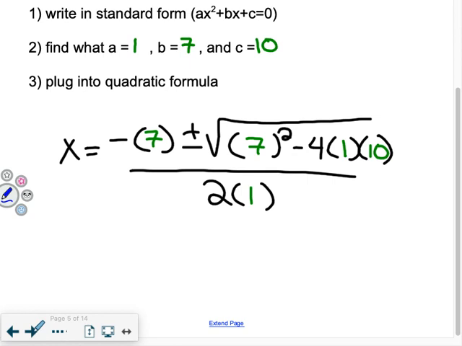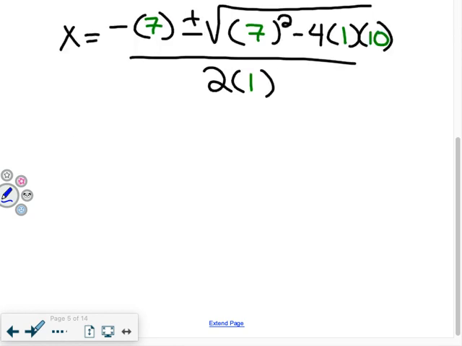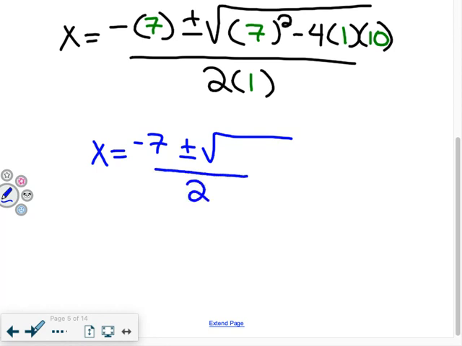And so just like the last one, we're going to simplify all 3 parts to make our problem a little easier to look at. So we have x equals negative 7, plus or minus the square root, we'll get to that, over 2. Those ones are quick.